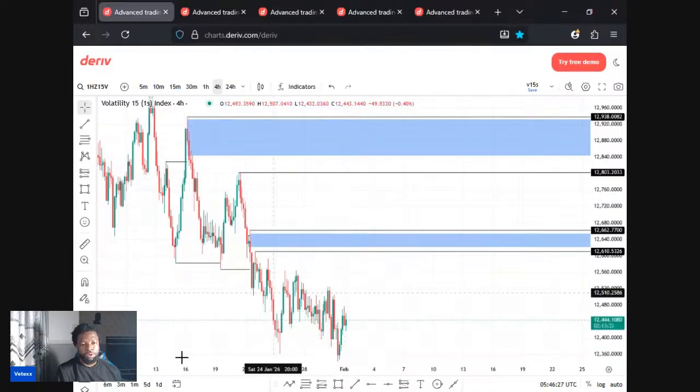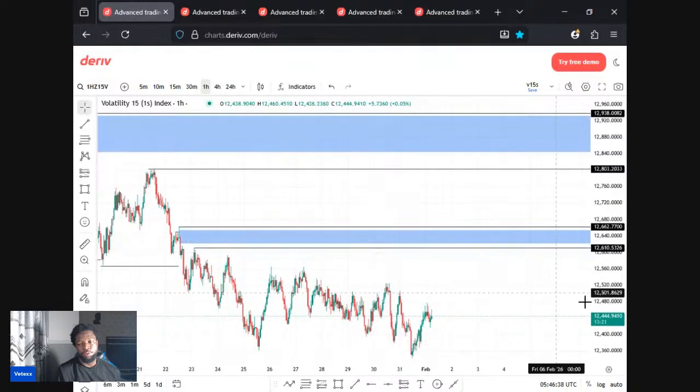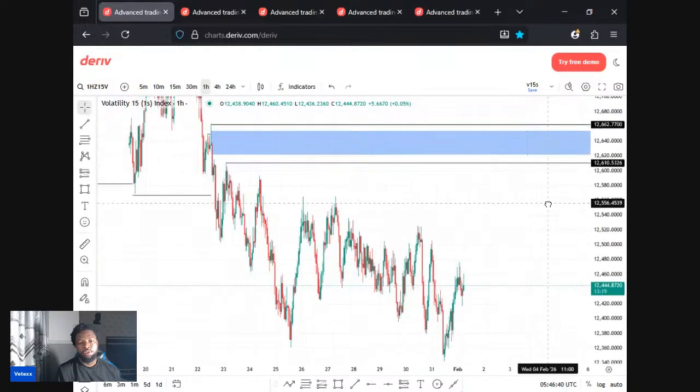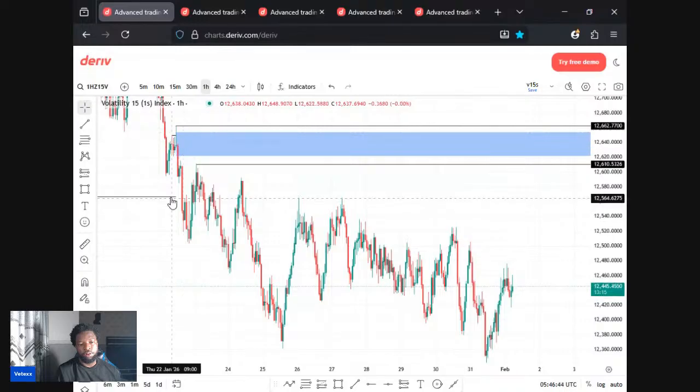So moving on, we have two POI here. One is on the 4 hour, the other one is on the 1 hour. So if price doesn't come to this 4 hour, price will stop at the 1 hour. So it depends on the one price respects. If price respects this, we'll take it. So we have our sweep of liquidity here.